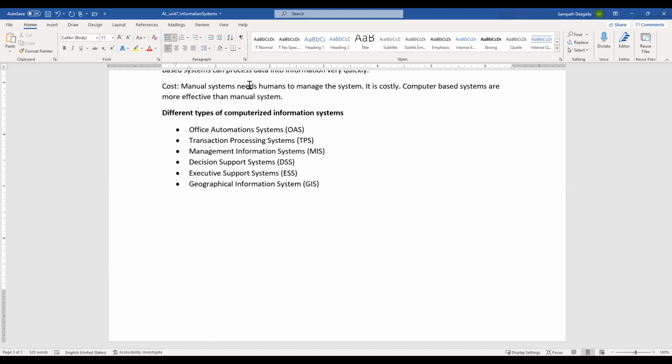Likewise, if you want a system which uses geographical information, we have to use geographical information systems. Then knowledge management systems.